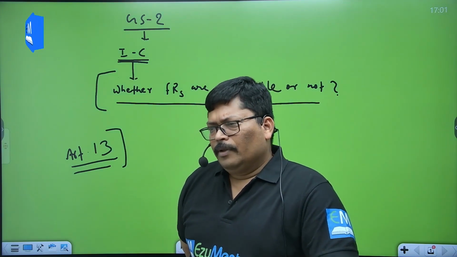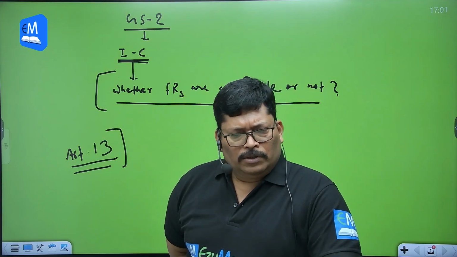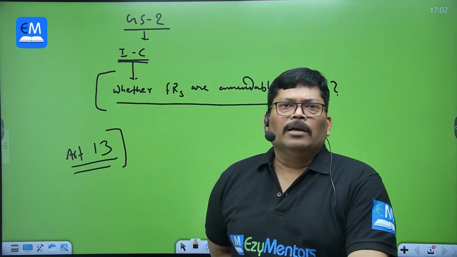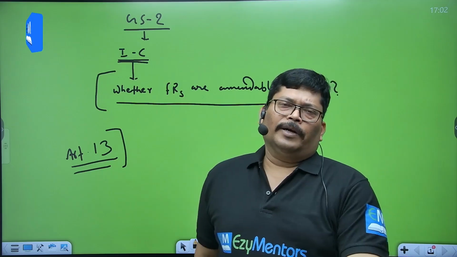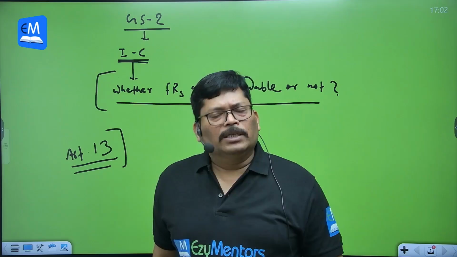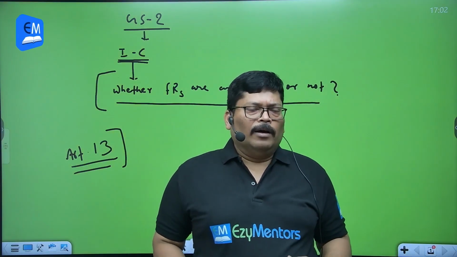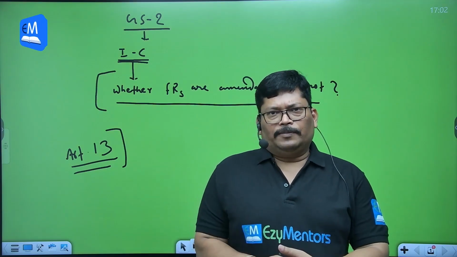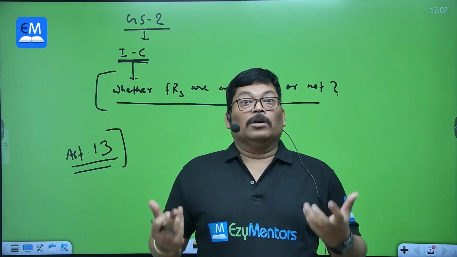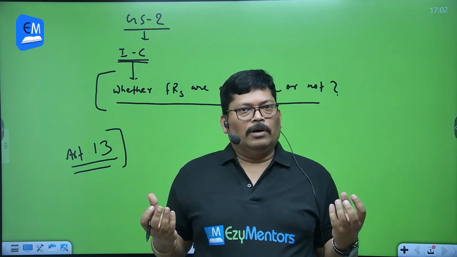For example, Article 13 says that neither a pre-constitutional law nor a post-constitutional law shall be allowed to show inconsistency with one or more fundamental rights. In case a law is having non-resemblance or inconsistency with one or more fundamental rights, the law shall be declared unconstitutional up to the extent of such inconsistency. So this is how Article 13 plays a pivotal role in establishing the relationship between a law and a fundamental right.